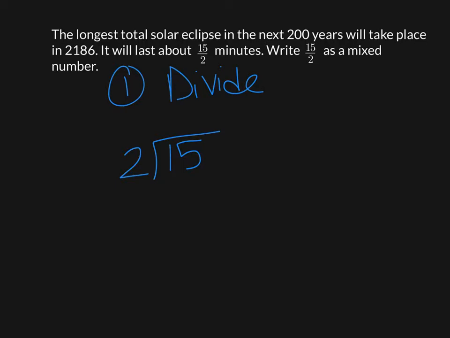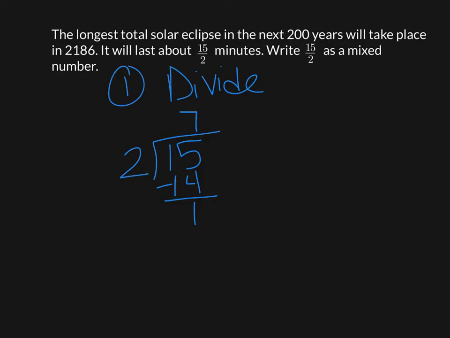So here we go. 2 goes into 15 7 times. Minus 14, I have 1 left over. Now instead of putting that decimal and continuing on, we're going to write our remainder as a fraction because our beginning number was a fraction, so that means our answer should be in fraction form, not decimal form.